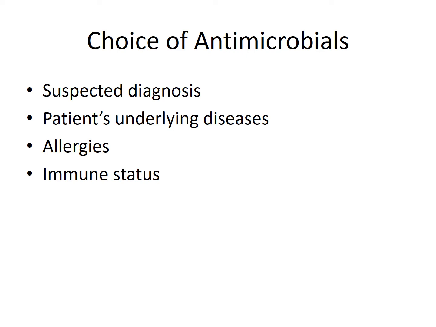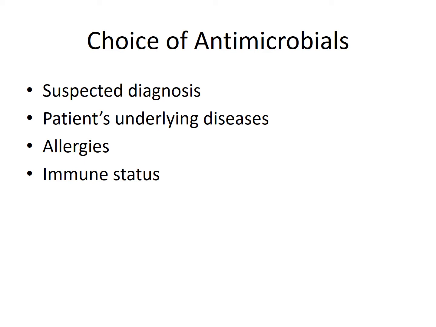The choice of antimicrobials is typically based on, obviously, your most likely diagnosis, and what comorbid conditions the patient has, renal failure, liver dysfunction, etc. That would affect the side effect profile that you're looking for.